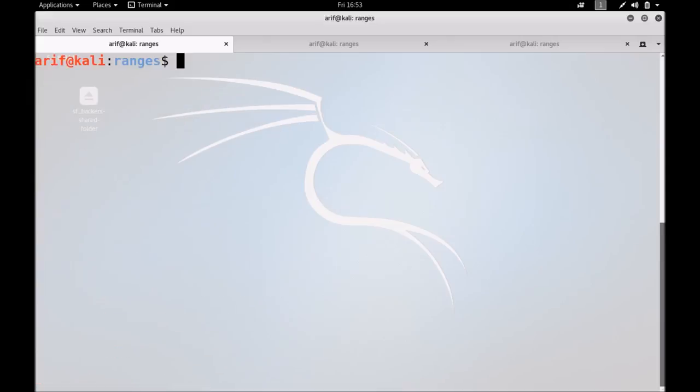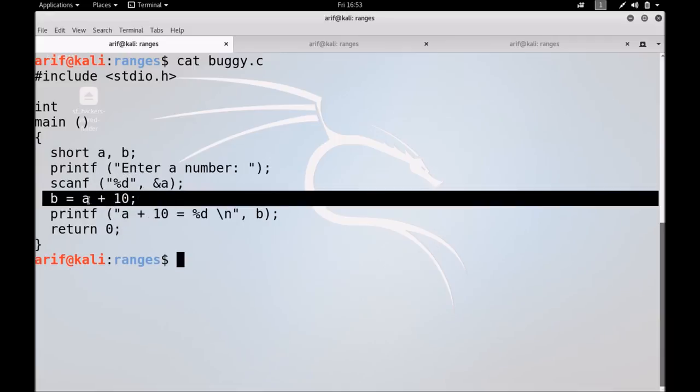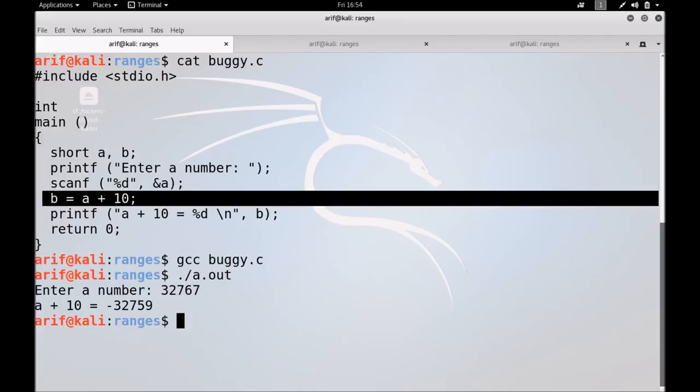Now, gentlemen, let's review the buggy program again. And now I think it's very apparent that the problem is with this line. A already has a value of 32767, which is the upper limit of short.